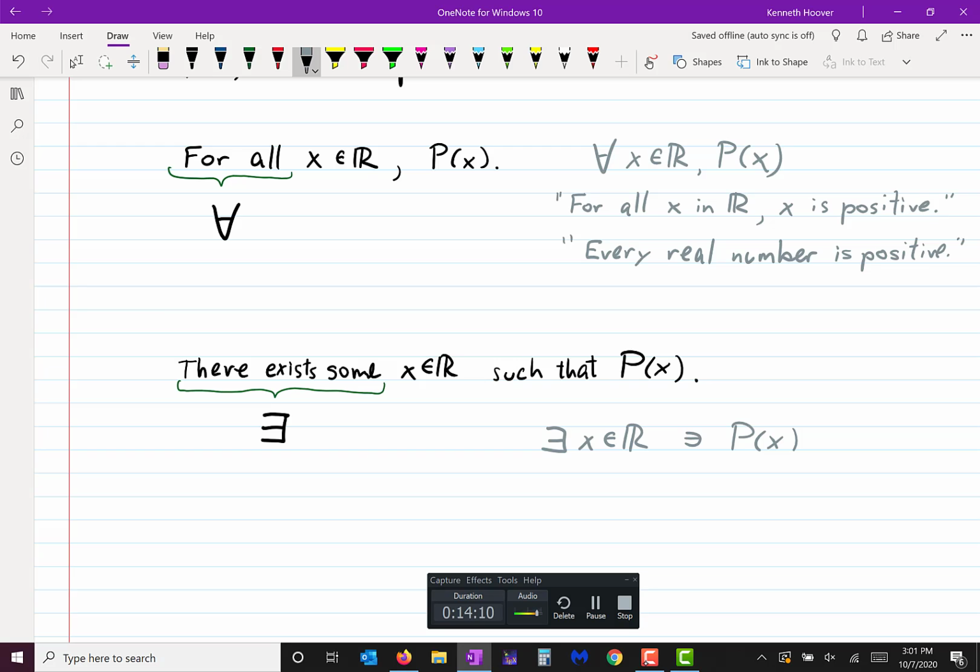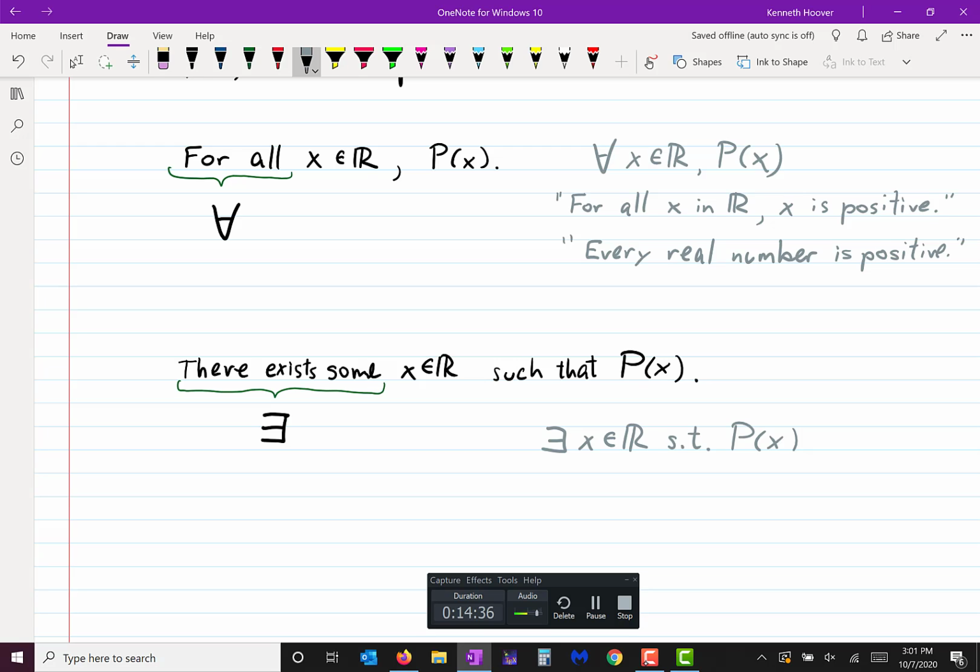I'm going to ask you not to do that. I really dislike that symbol because it looks too much like I'm saying p of x is an element of the real numbers. I'm not saying that, but I could see how somebody reading that might think that's what I'm seeing. So I'm going to ask you not to use that symbol for such that. If you want to abbreviate such that, then use ST.